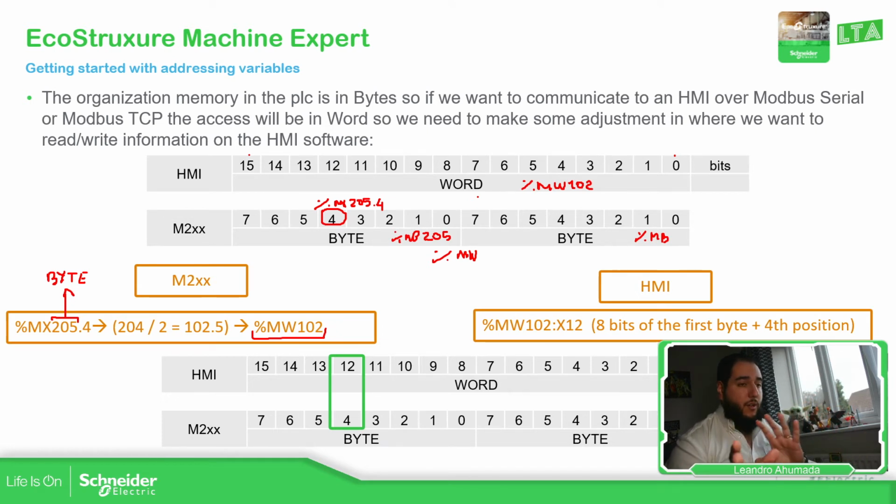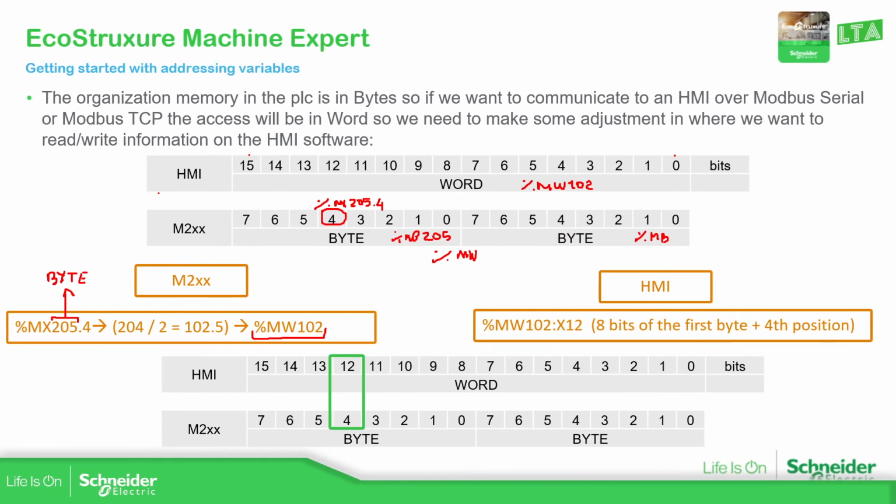So here, I believe you're getting the idea of what we need to do. It's a little bit different how you need to address, because now the bit on the HMI side is not going to be the bit 4, it's going to be another one, because we are reading the same area, but the location is a little bit different.